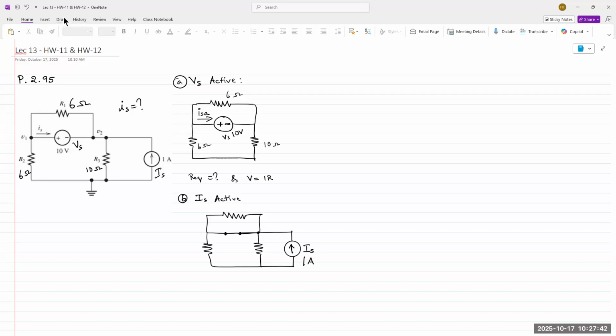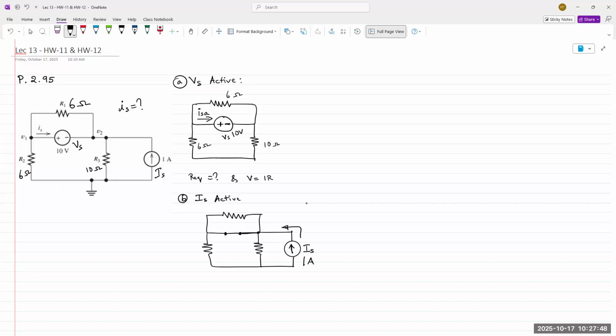So IS is coming from here. It's making a right turn, going there. And then what happens? We have R3, we have R2. What happens with that short circuit?